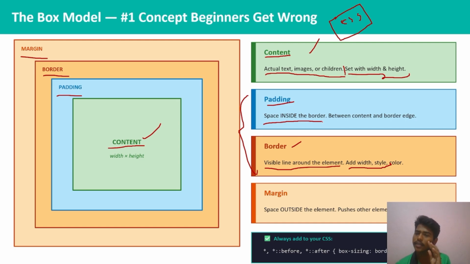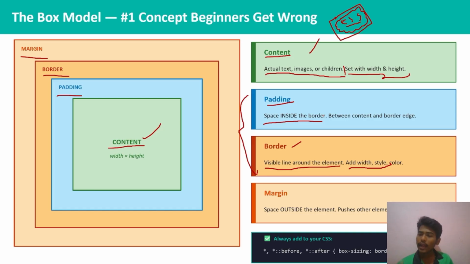The space inside the border. Here, the CSS word takes this much, and what is this space? Why does this much space occur? This is the magic of the padding, between the content and the border edge.